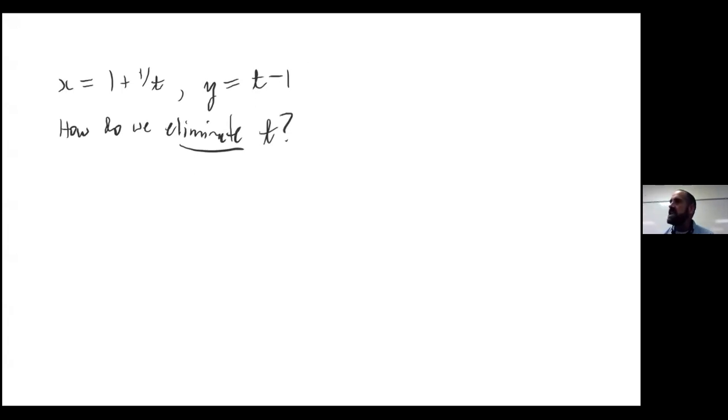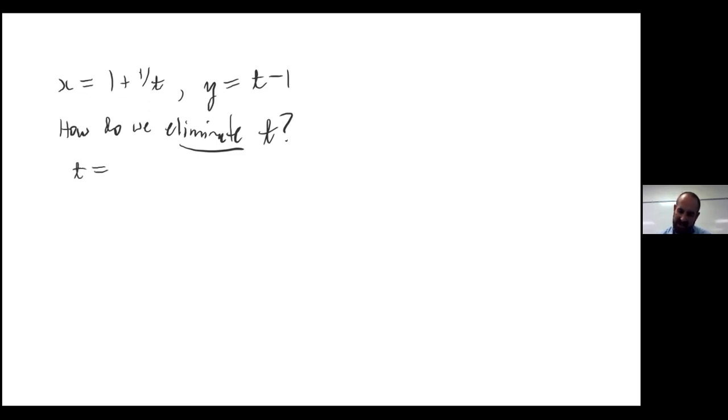How would you eliminate t and figure out what this thing really is? Yeah. I guess I would try to figure out what t was in terms of x. Okay. Or in terms of y. Yeah. You might figure out what t is in terms of x or y, and then eliminate it from the other thing. So do you see an obvious way to solve for t in terms of x or y?